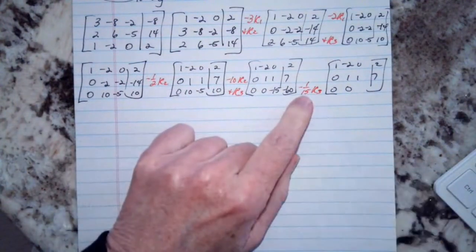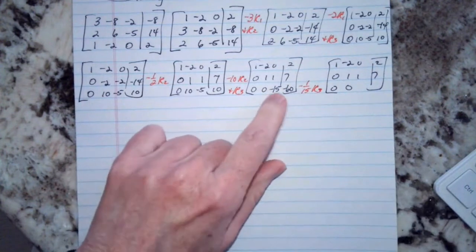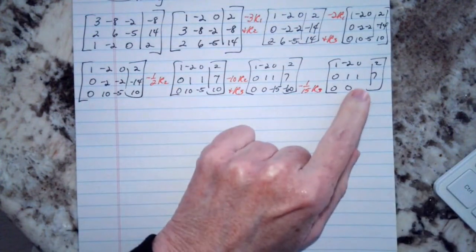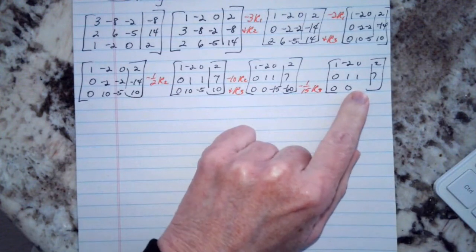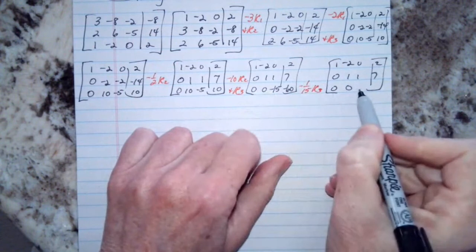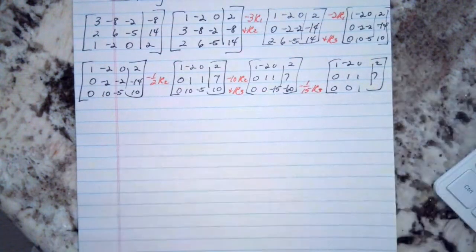If we multiplied it times a positive, we'd have a negative times a positive, and we'd get a negative 1 there. And you need this to be a positive 1. So you want negative times negative. That'll give you a positive 1. So the reciprocal will keep the same sign.